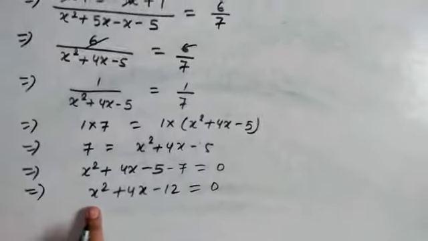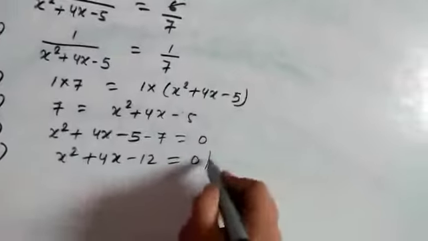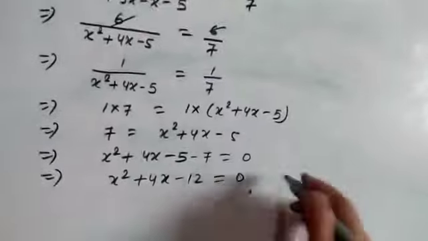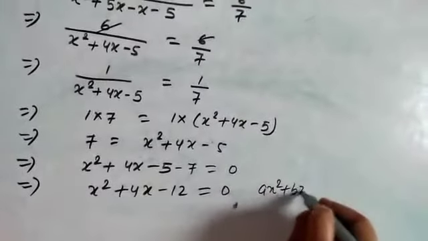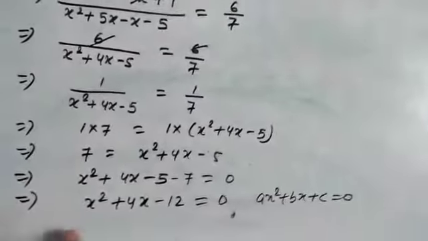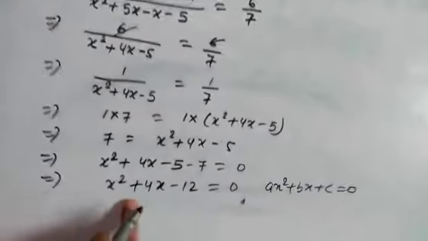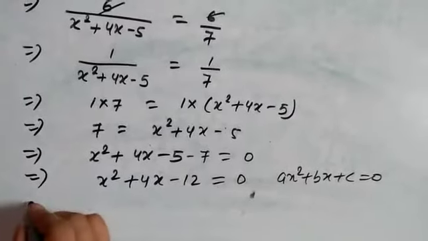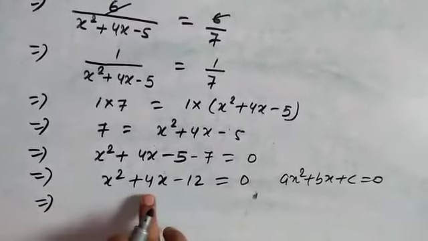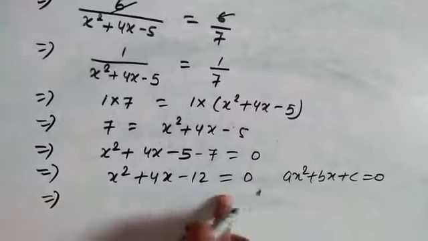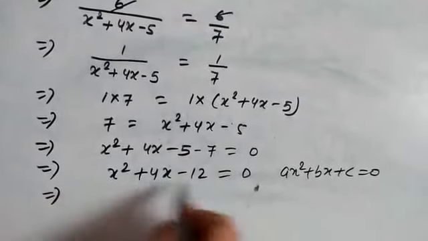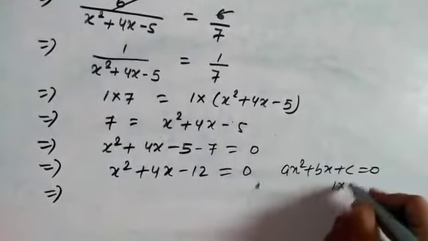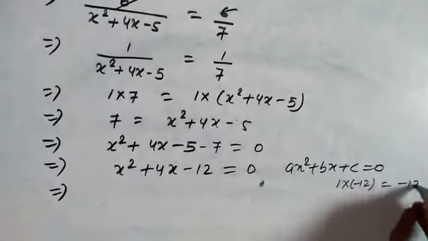Now dear student, you can see that our equation is converted into ax square plus bx plus c equals to 0 form. Now again we will factorize this equation to get the value of x. So again we will use the same method, middle term break, to factorize this. Here we have 1 into minus 12, that is minus 12.